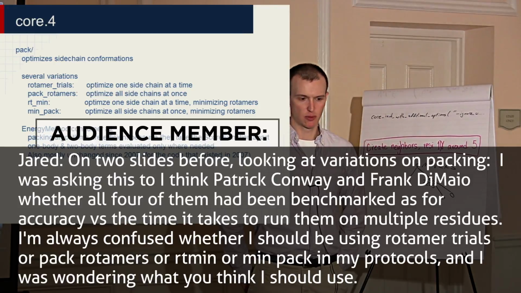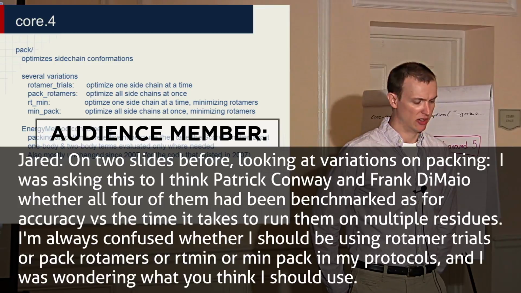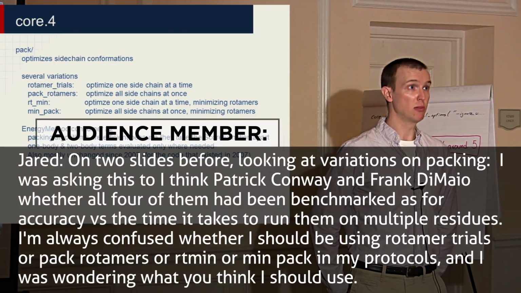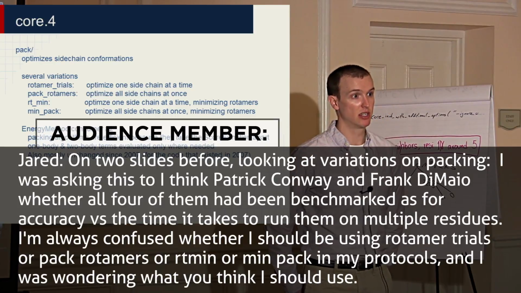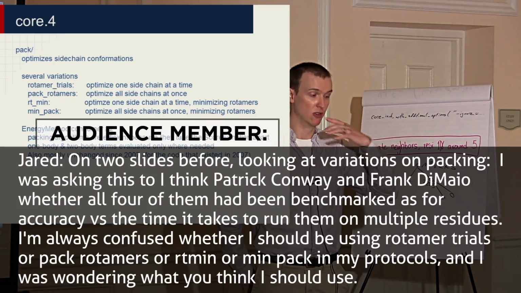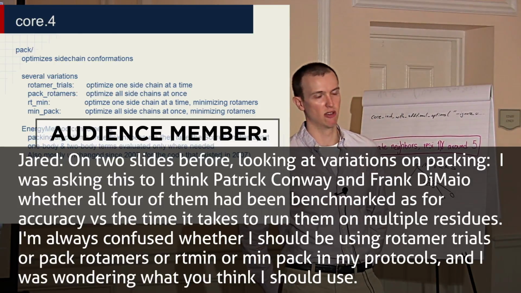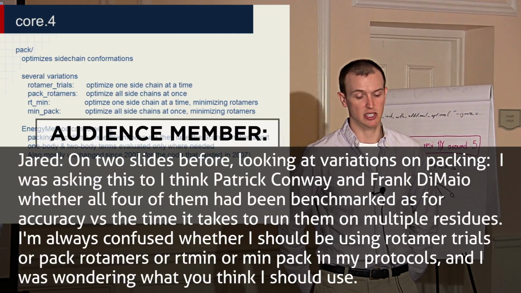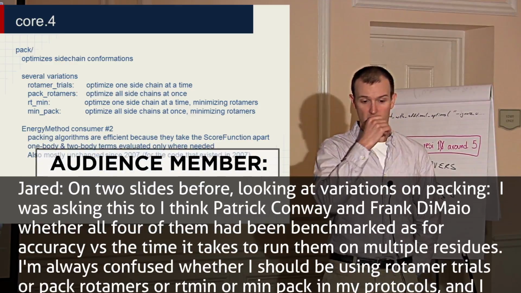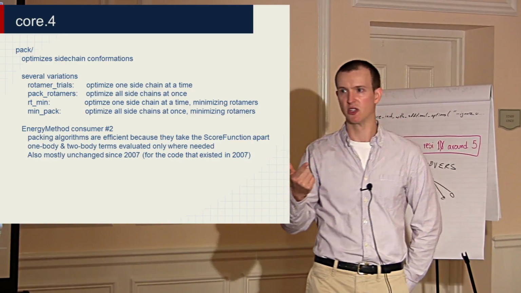Yeah, that's a tough question. Or rather, I don't know the answer to that question. I can tell you it's probably going to be domain specific, right? So for instance, in the old version of Relax, classic Relax, as opposed to the flavor we use now called Fast Relax, oh, and I just remembered, I forgot to repeat the question. So the question was, have these 4 flavors been benchmarked for their accuracy versus their running time?